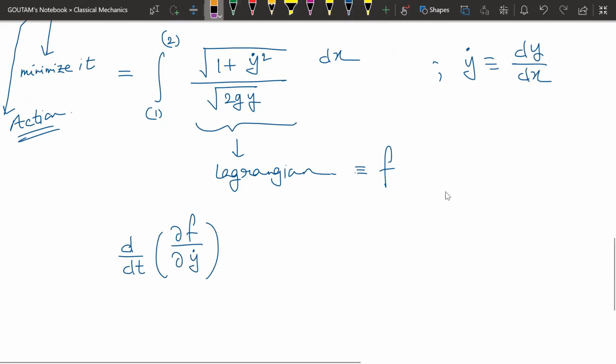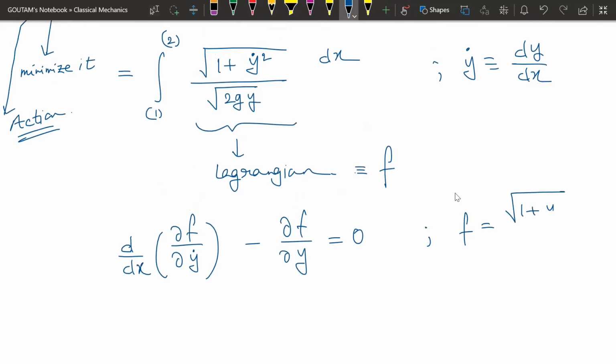It's not d/dt, it's d/dx, because x is the independent variable here. And f is root under 1 plus y dot square by root under 2gy.